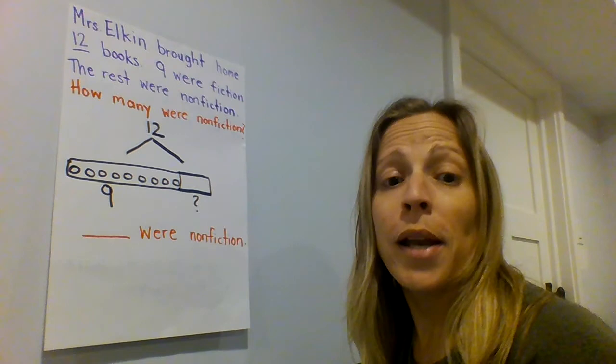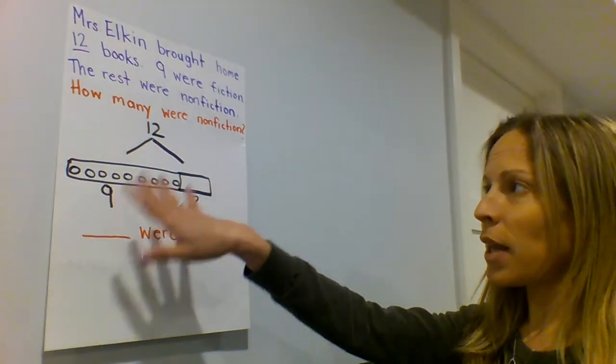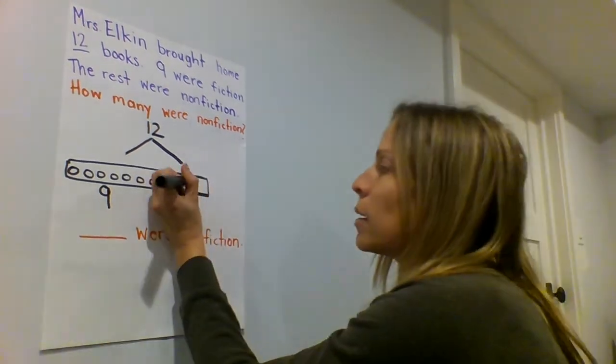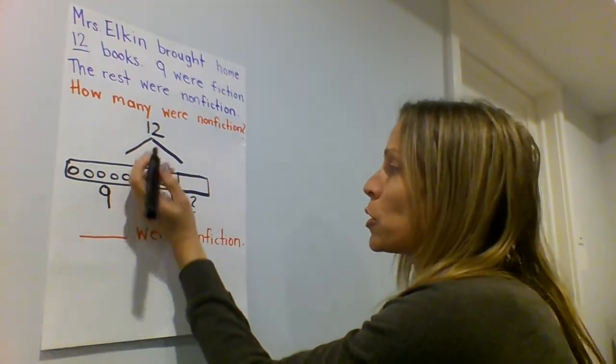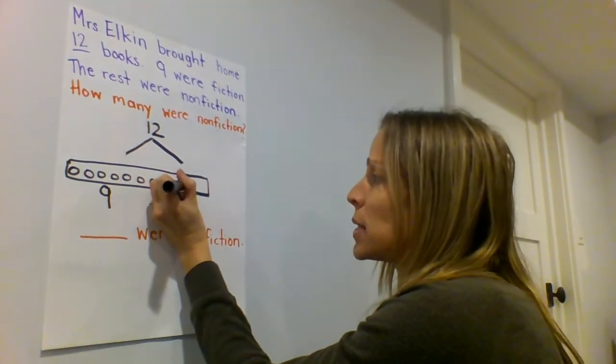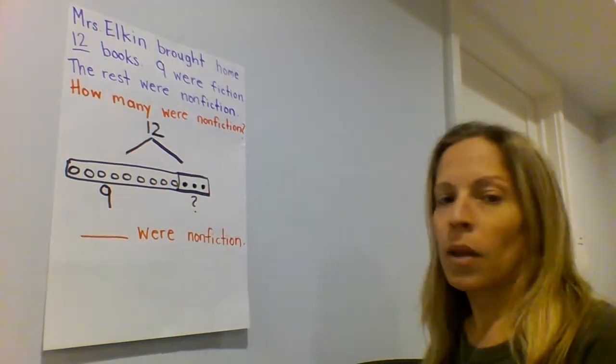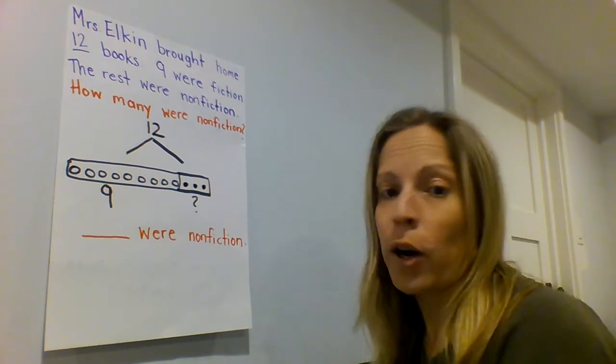Okay, so by now we should all have a picture that looks like this. Watch what I'm going to do, and you could do it with me if you'd like. We have 9. We know the total's 12, so I'm going to draw 10, 11, 12. I have 3 in this part.